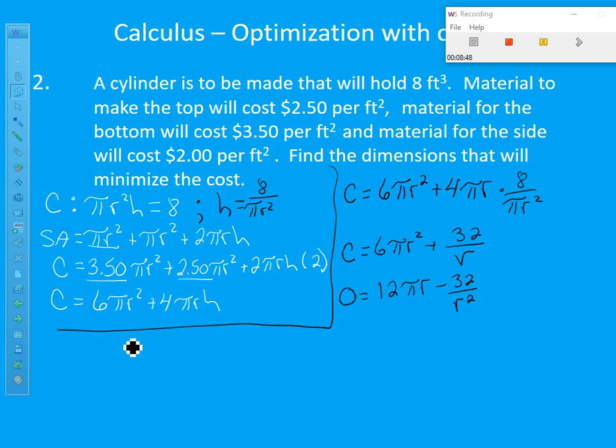I'm going to bring that 32 over r squared to the other side. Let's cross multiply. So I've got 12 pi r cubed equal 32.